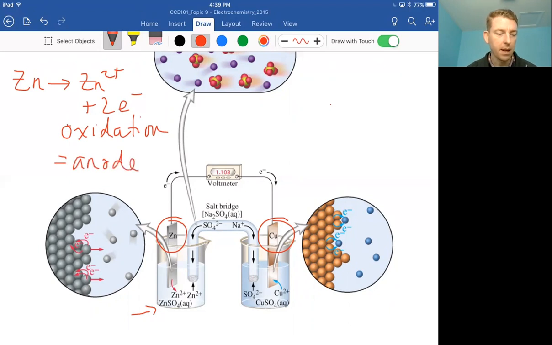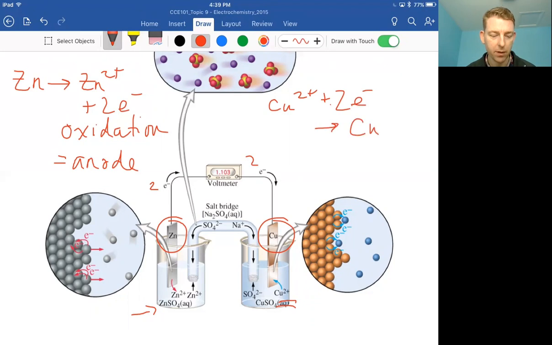All right. And on the other side, we watch the electrons. These 2 electrons are going to flow through the circuit, come over onto the copper side. Here we've got the copper electrode with some Cu2+ in solution. And the reaction there, we're going to have Cu2+ plus those 2 electrons that we got from the zinc turning into copper metal.